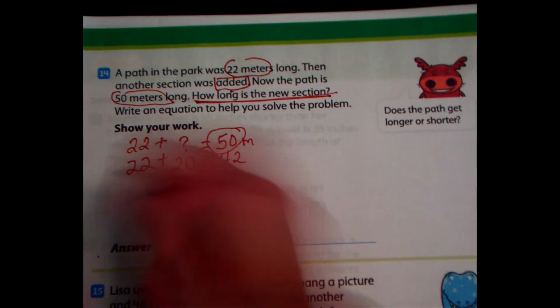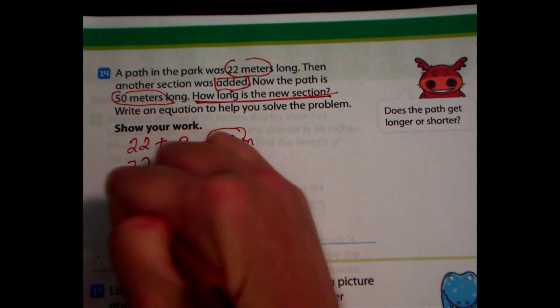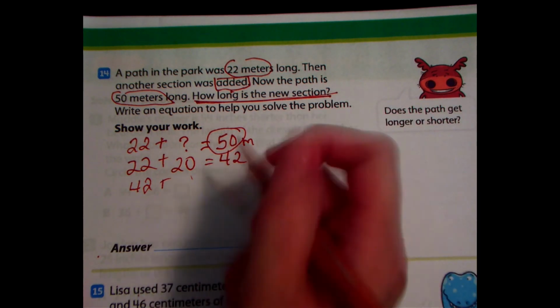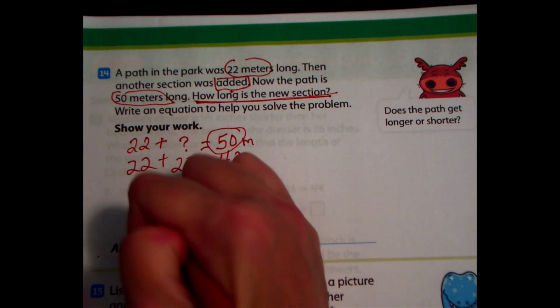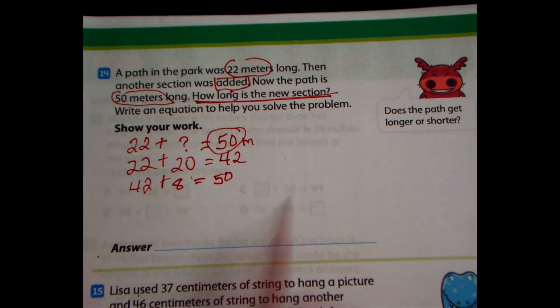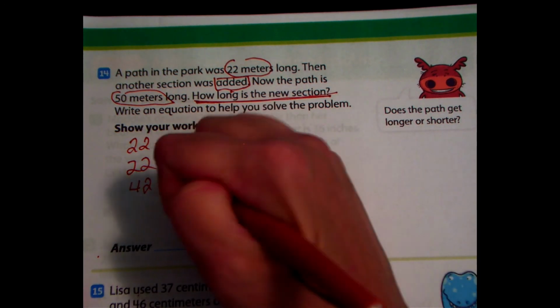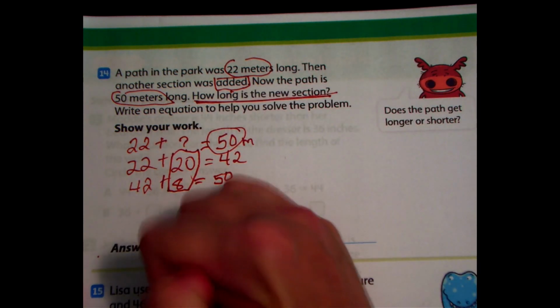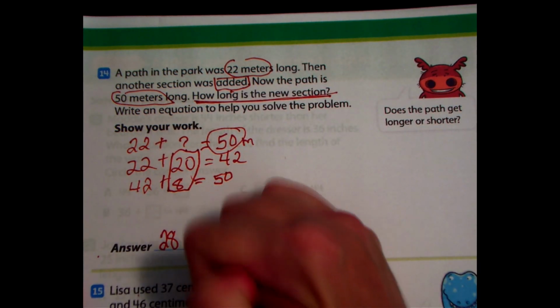So then I have 42 meters plus, now what I need to get from 42 to 50, I just need 8 more, gives me 50 meters. So my new section is 28. Here's my answer, 28 meters.